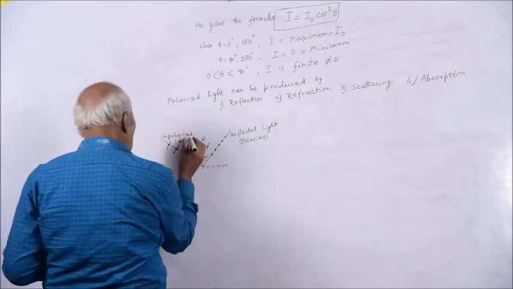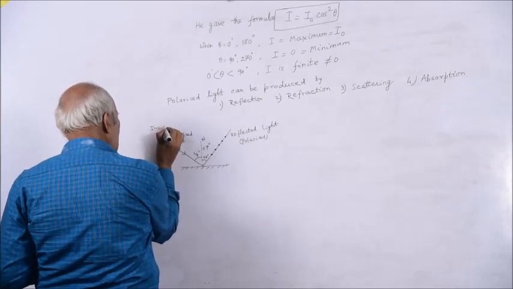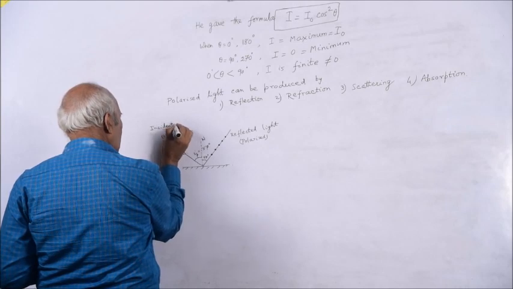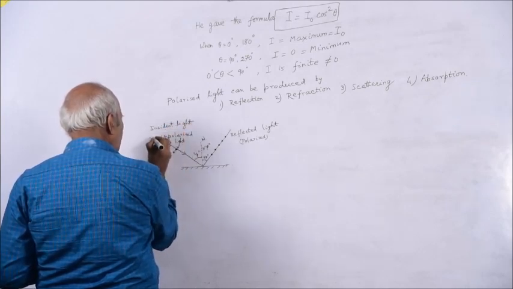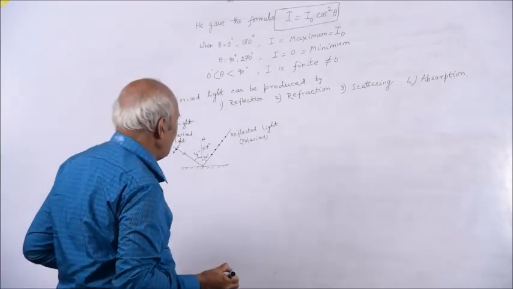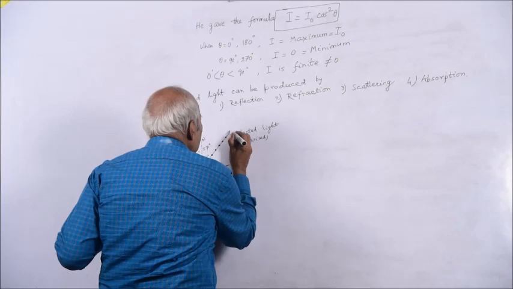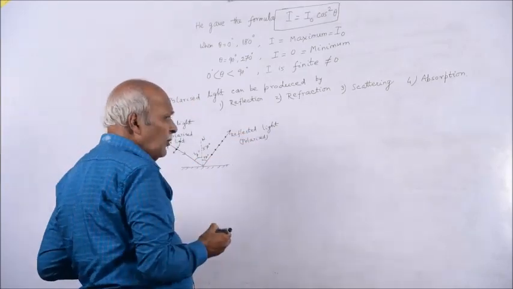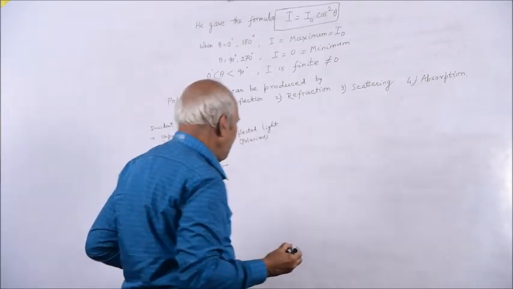So, incident light is unpolarized, whereas reflected light is polarized. That can be tested with the help of tourmaline crystal.